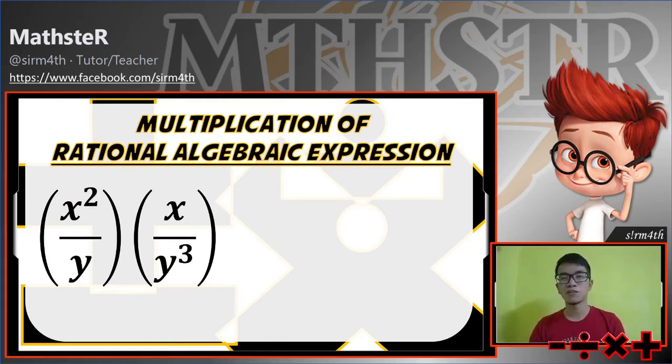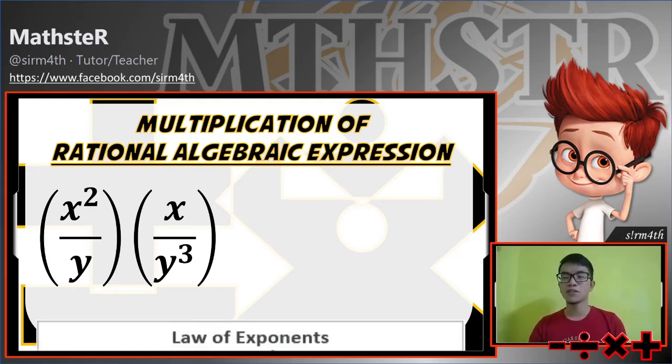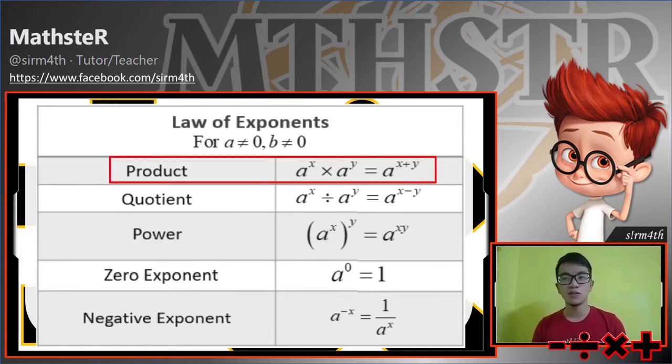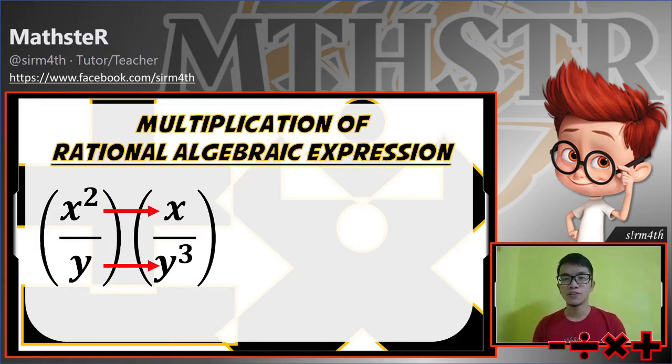Next, we have the quantity of x squared over y times the quantity of x over y cubed. So, paano nga ba ito? Doon sa ating law of exponents, meron tayong product law of exponent wherein when multiplying expressions with the same base, we need to add their exponent. Okay? So dito, yung ating numerator na x, kaparehas niya yung isang numerator which is x din. Same with the denominator.